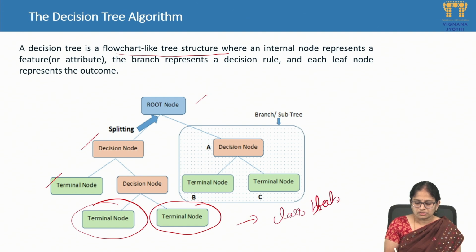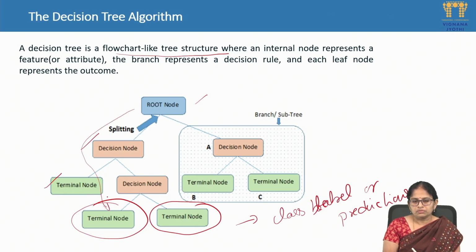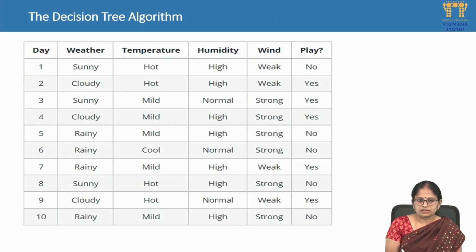Class labels are called the predictions. We traverse from the root to the leaf of the tree to give the prediction for the given test sample. This is how the tree structure looks.